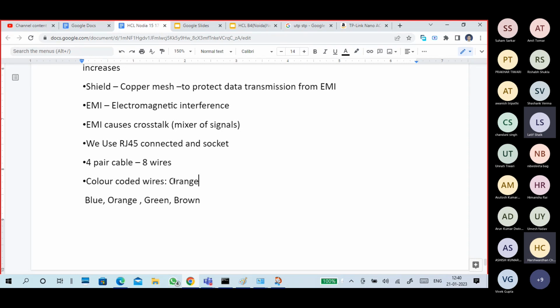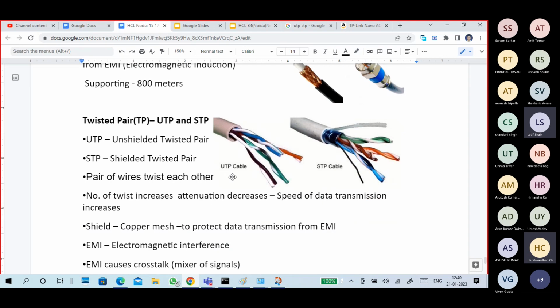The orange wire is twisted with white orange. Why is it called white orange? It is actually a white wire with a small orange line on it. You can see this is the orange wire, and this is the white wire with a small line on it. You can easily observe from here and here.